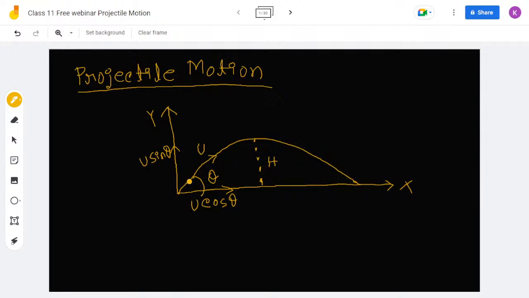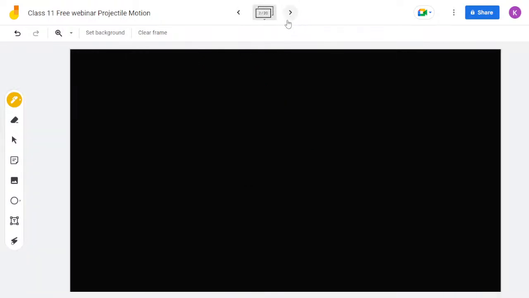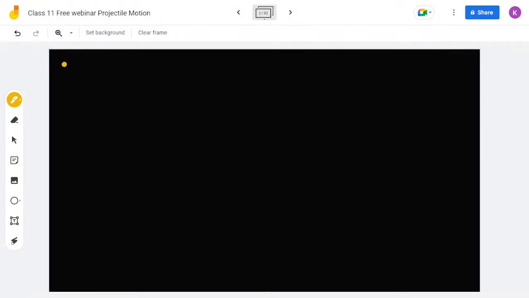So, throughout the projectile motion, the horizontal component remains constant and the vertical component changes. Now, let's talk about what happens with the horizontal motion.